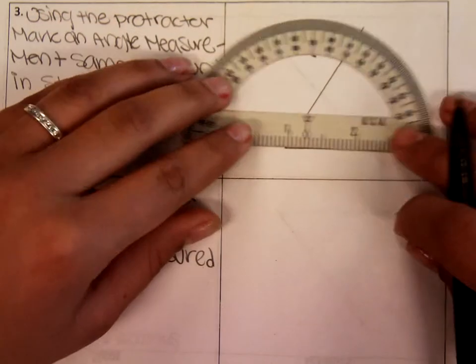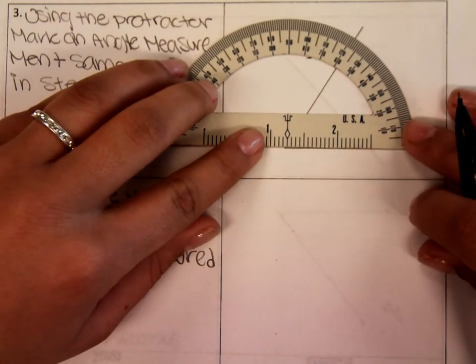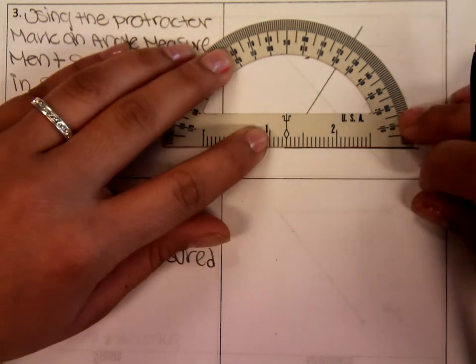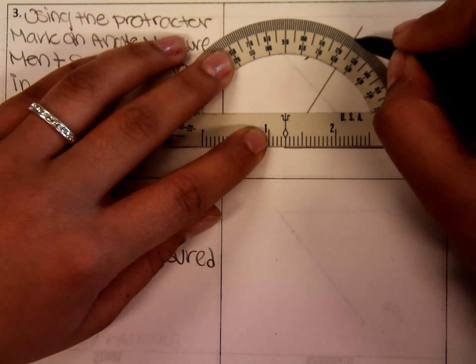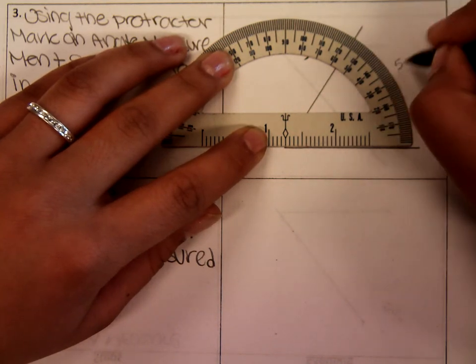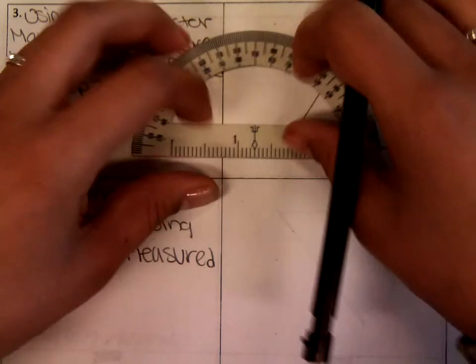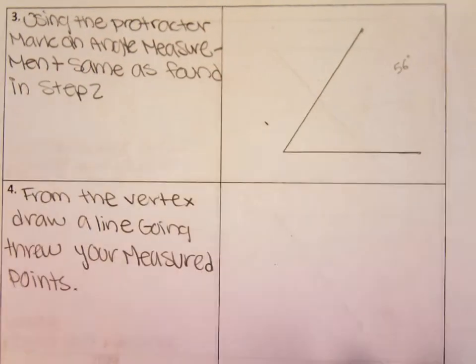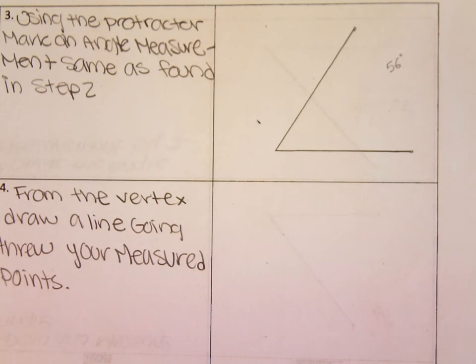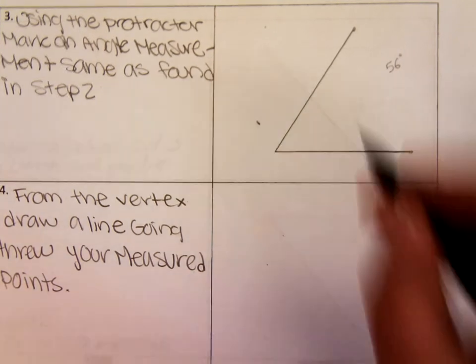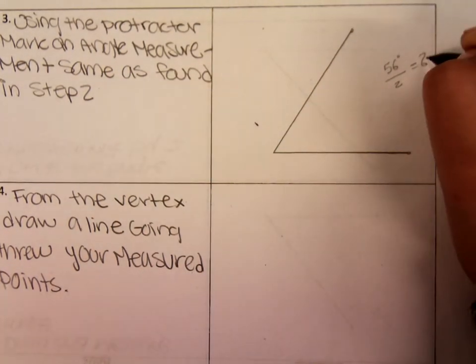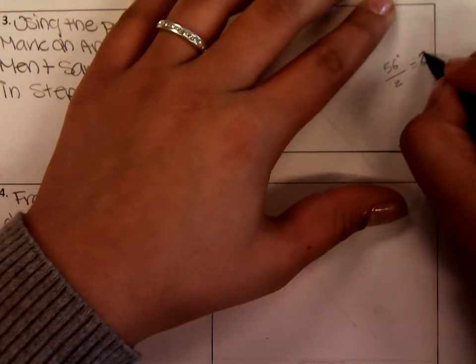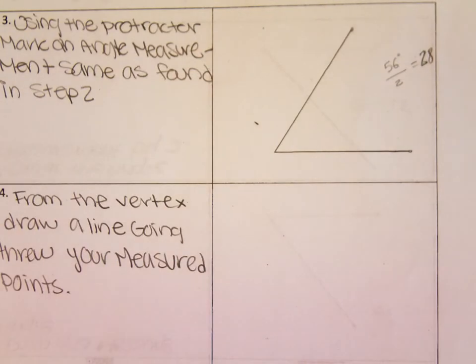And now she's going to measure the angle. And then in step 2, she had to divide that by 2, so she's going to divide 56 by 2. You're going to do it for whatever angle you got the second time. And now she's actually going to do step 3.